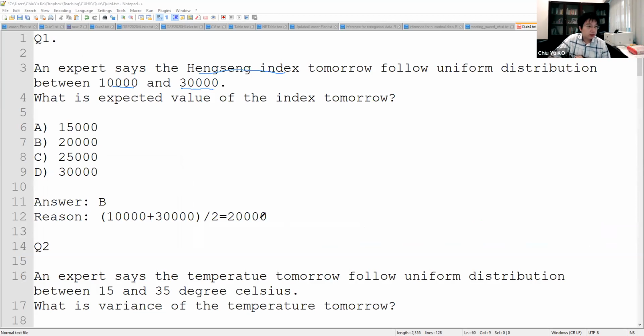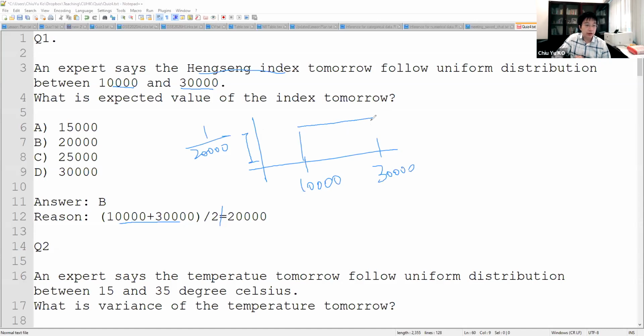Yes. So the mean will be just the two boundaries divided by 2, right? Because it's from 10,000 to 30,000. And the height will be just 1 over 20,000, and the expected value will be this area times the value, but basically just the average.